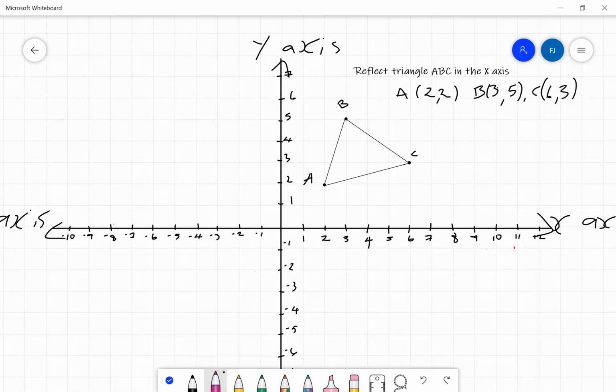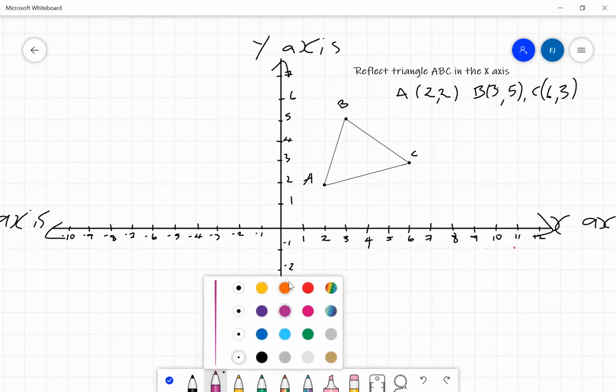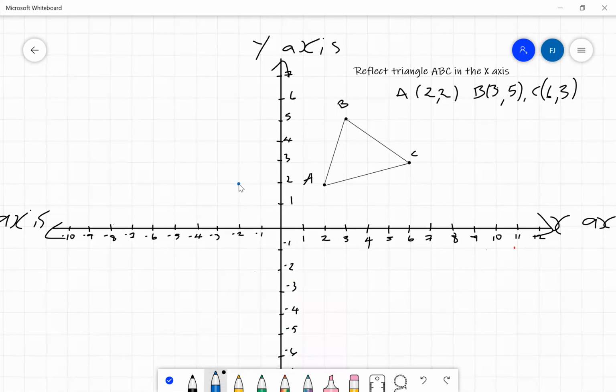We will be working on reflecting triangle ABC in the y-axis. Taking point A, we will measure the distance of point A from the y-axis, which is the mirror line. As can be seen, point A is 1, 2 units away from the mirror line, so we will count 1, 2 units in the opposite direction to obtain point A prime.